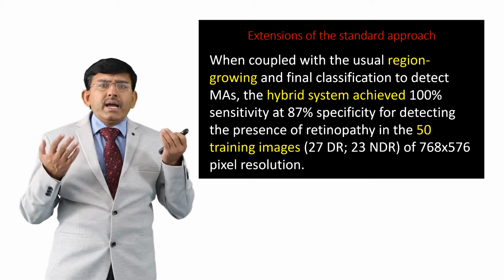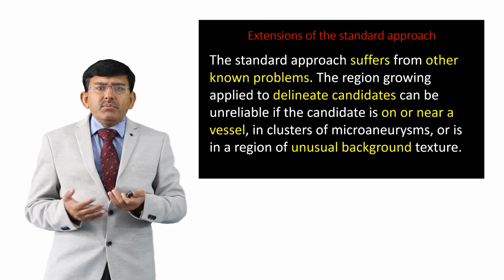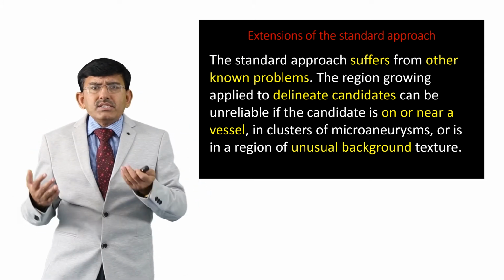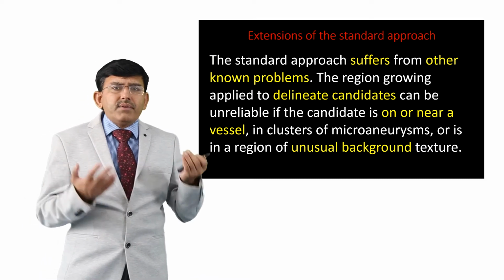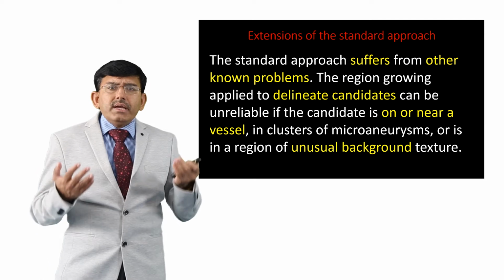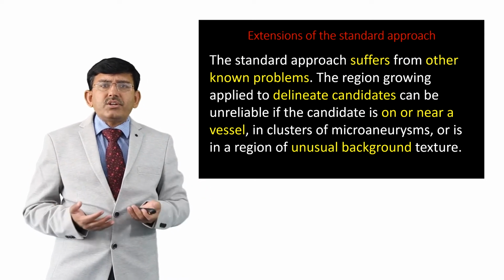The region growing applied to delineate candidates can be unreliable if the candidate is on or near a vessel, in a cluster of microaneurysm, or is in a region of unusual background texture.